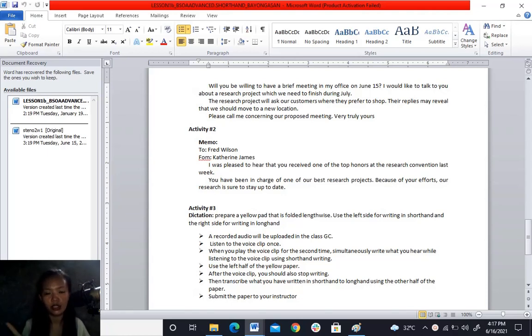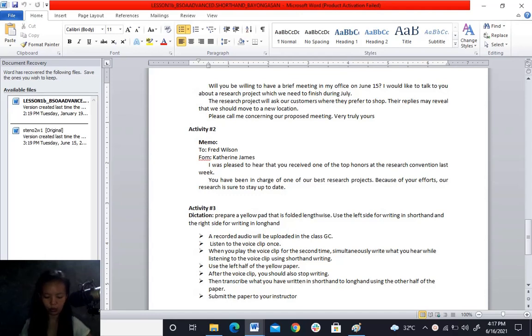It's advanced shorthand. Okay, nandun po yun. And then, listen to the voice clip once. When you play the voice clip for the second time, simultaneously write what you hear while listening to the voice clip using shorthand writing. Okay, so, ang mangyayari, while listening, isusulat ninyo kung ano yung naririnig ninyo using shorthand writing.